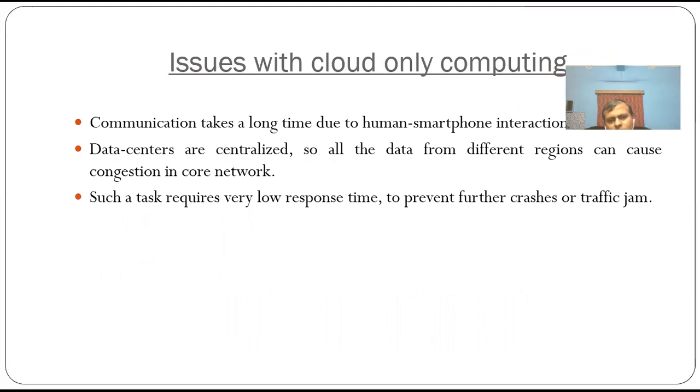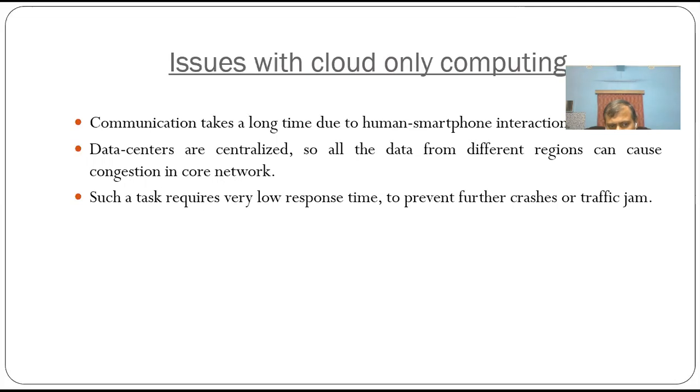Communication taking a long time due to human smartphone interaction, that is one of the issues. Data centers are centralized, and so all of the data from different regions can cause some sort of congestion in the core network. Now see, as the data centers are situated at very few places, data from all the customers or the end users will be trying to reach the final destination at a particular place only, and in that way it will again cause some sort of logjam in the network.